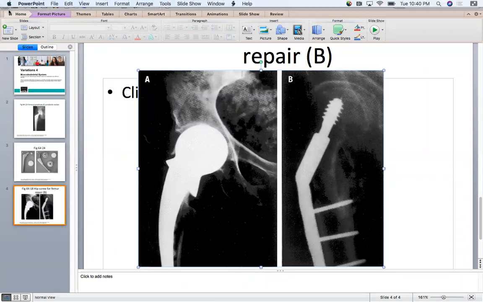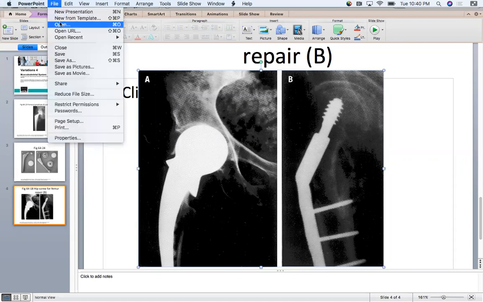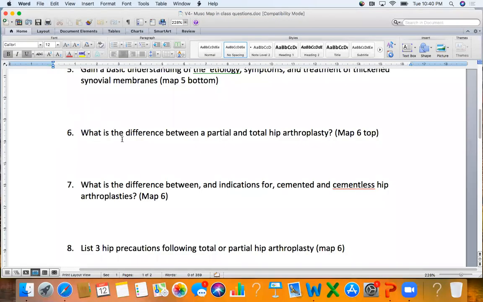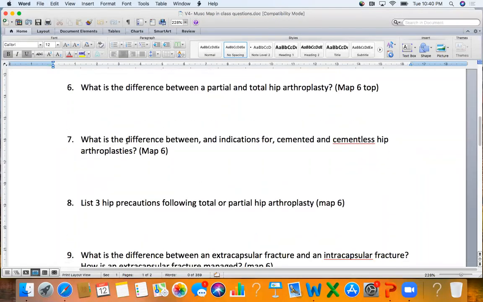Okay, so I believe that takes us to the next question. We may have covered more than one question actually in that little discussion. So what's the difference between indication for cemented and cementless hip? So let's look at number 6 here.